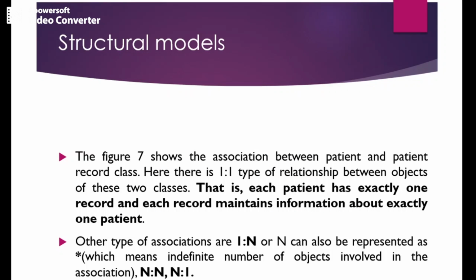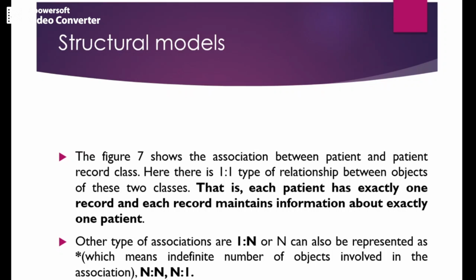So we have different types of relationship. It can be 1:n. Other types of associations are 1:n, meaning one to many, and n can be represented as star. When you indicate star, it indicates an indefinite number of objects involved in the association.